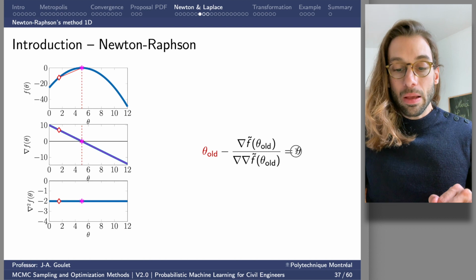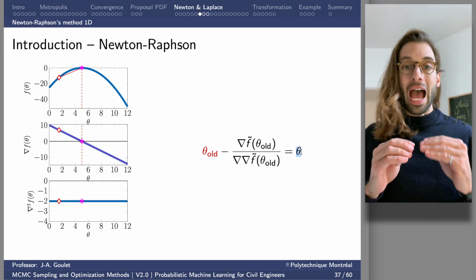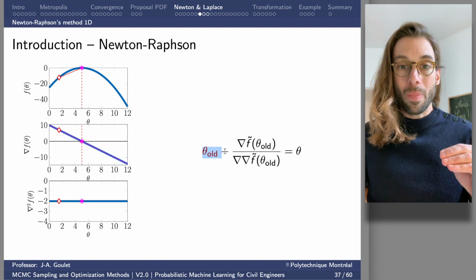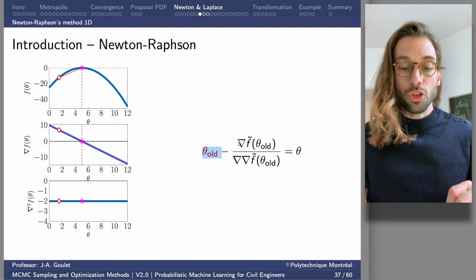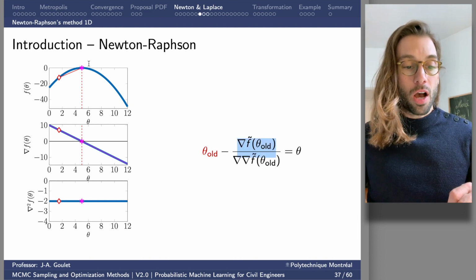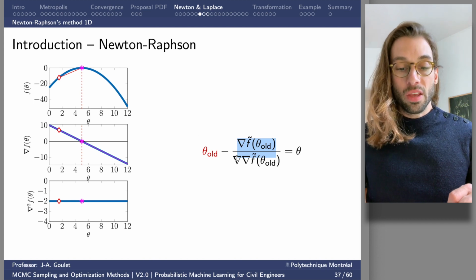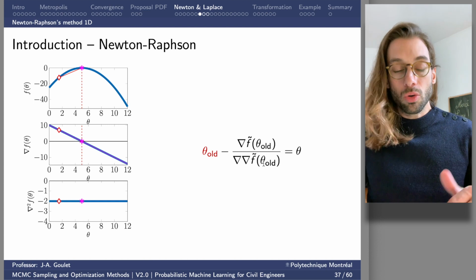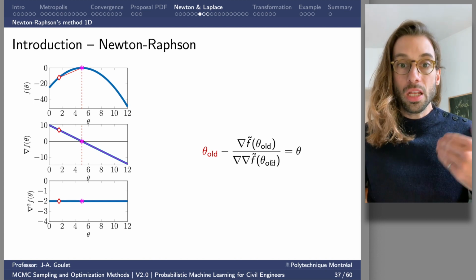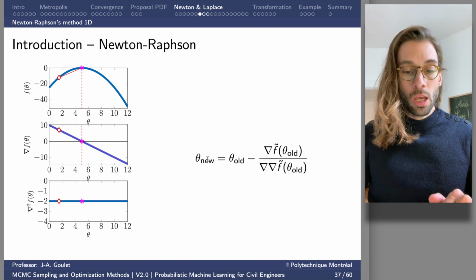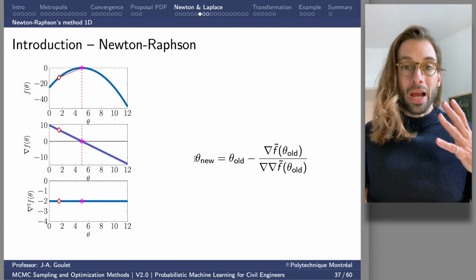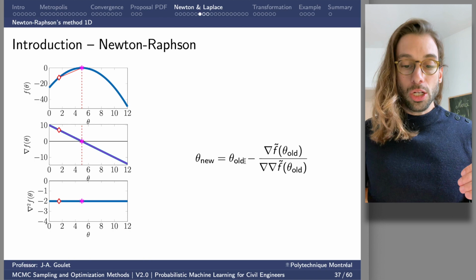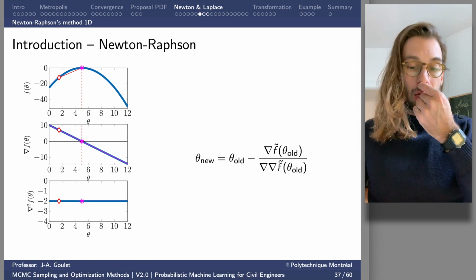So then my theta value I want to move next is actually my current theta location minus the ratio of the gradient of my function at my current location divided by the second order derivative, the gradient of my gradient. So if we summarize this, my theta new, where I propose to move next, is going to be my current location minus the gradient divided by the Hessian.